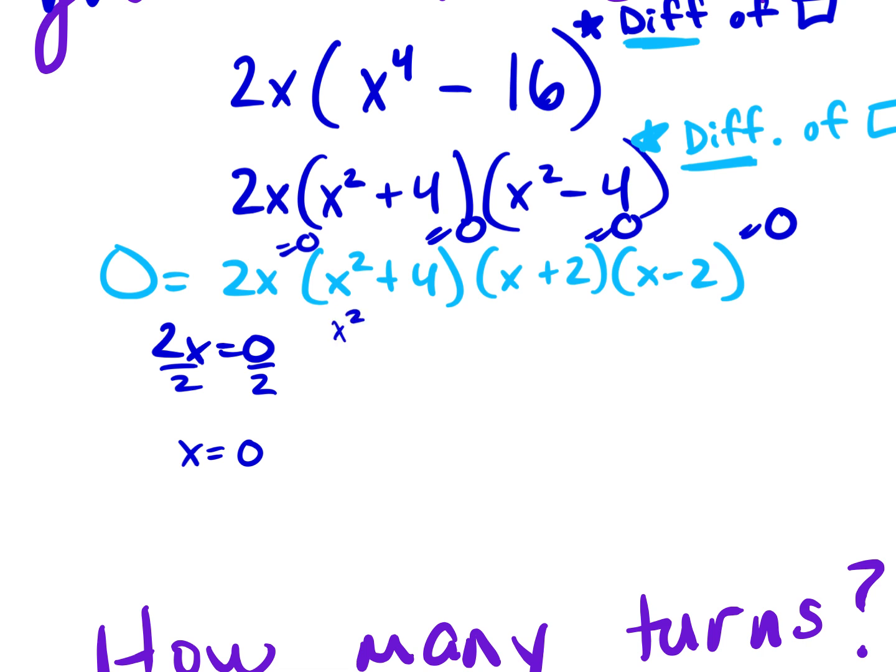Next, we have x squared plus 4 equals 0. I'm going to subtract 4 on both sides, so x squared equals negative 4. Take the square root. Can I take the square root of a negative? No. So here, we actually don't get an answer. This is imaginary.